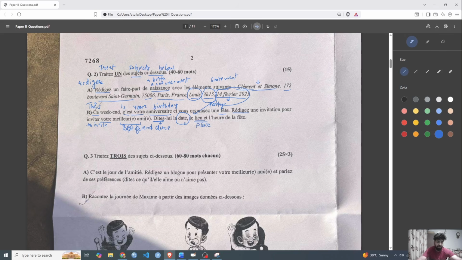You have to tell the date, the place, and the time when the party is. So we have to draft two things. Number one is the birthday announcement of the child, and number two is the writing portion of a letter to your best friend, telling them at what place and at what date and time they have to reach in order to get into your birthday party.